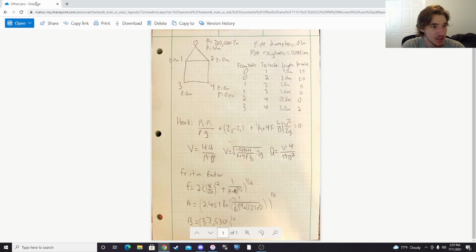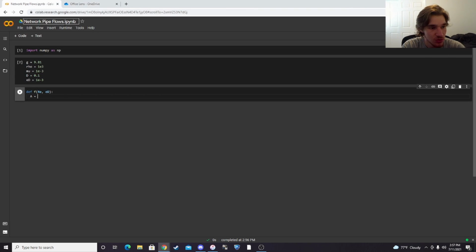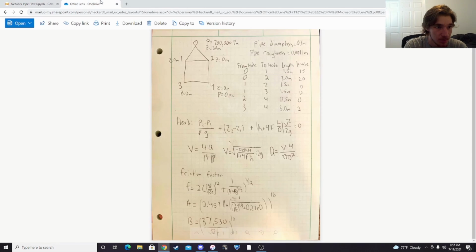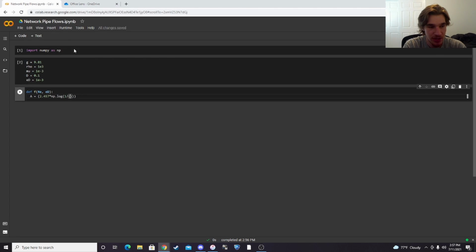A is equal to all this in parentheses, 2.457 times, this is why we import NumPy right here, log, and then it's 1 over, big parentheses, 7 over Reynolds number, that value to the power of 0.9, right there, and then it's going to be plus 0.27 times ED, which is the roughness of the pipe.